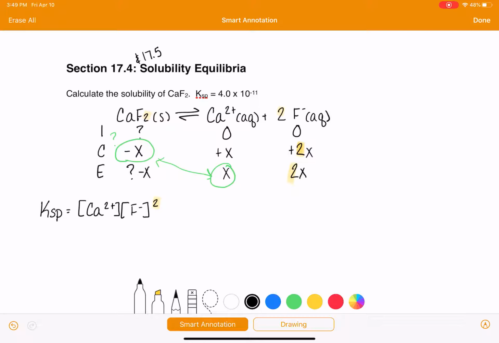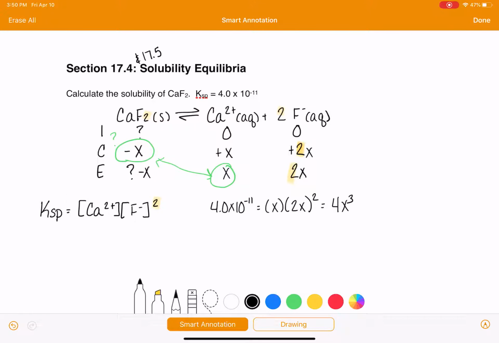And fill in what we know. We know the Ksp is 4 times 10 to the minus 11. The calcium concentration is X. The fluoride ion concentration is 2X, and that is going to be squared. So the right side of the equation is going to be 4X cubed.